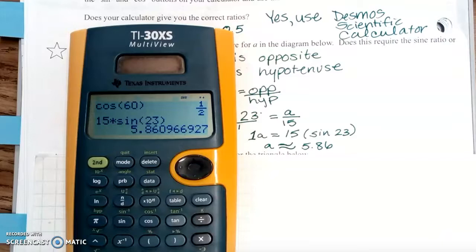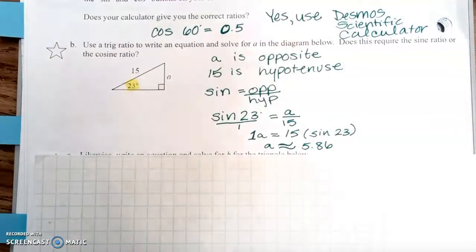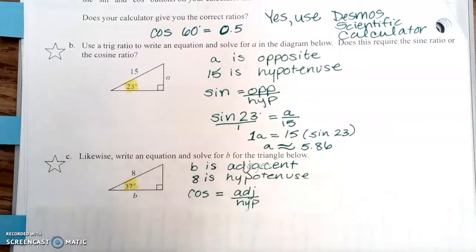You get a 0, you stay, right? So we're just going to say 5.86, but then you need to make sure you write your equal sign wavy, because that tells the person that you rounded, okay?